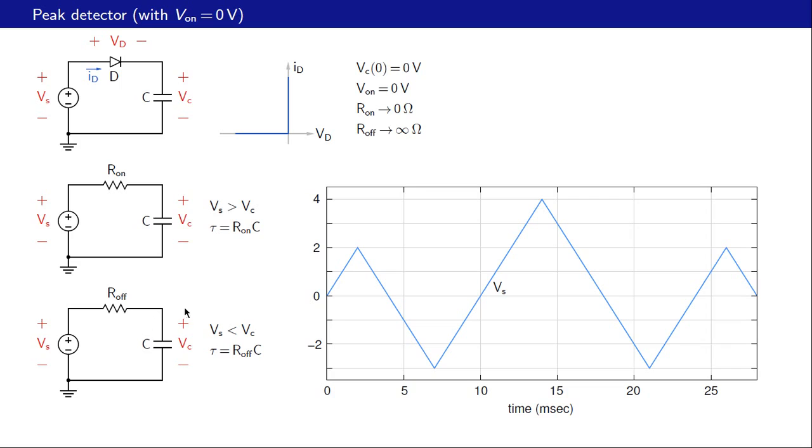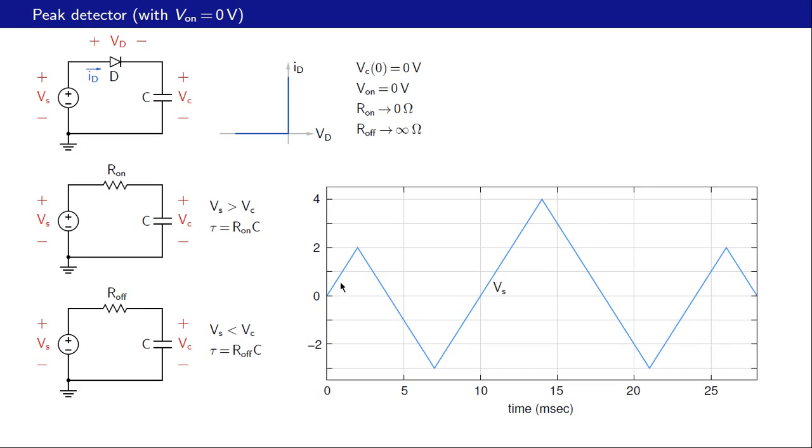Okay, so let's look at the situation at t equal to 0. We have the input voltage equal to 0, the output voltage, which is the same as the capacitor voltage, also equal to 0. So the P end of the diode is at 0 volts, the N end is also at 0 volts. That is the situation at t equal to 0.